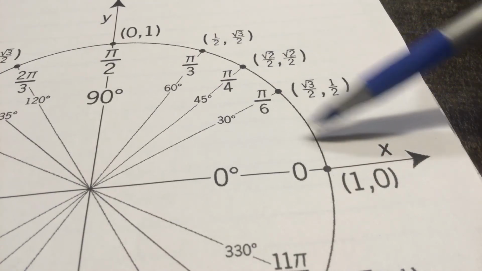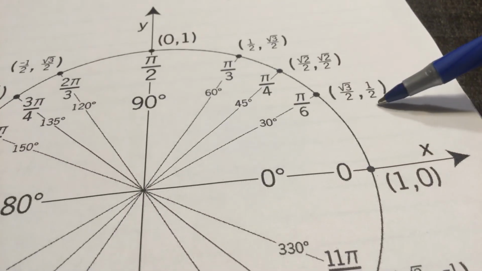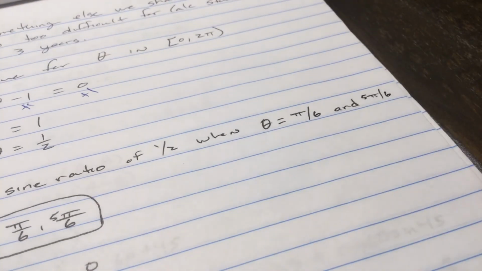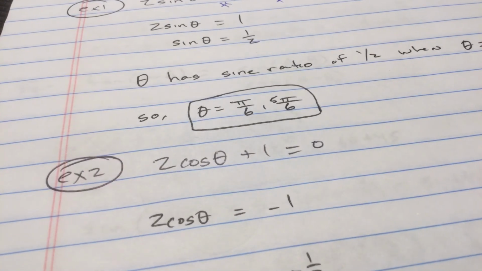Or especially with right triangle geometry, when you did SOHCAHTOA, it was between 0 and 90. So, yep, 30 degrees or pi 6, but also over here, 5 pi 6. So that's why we say when theta is pi 6 and 5 pi 6, we have a sine ratio of 1/2. So your answer is theta is pi 6 or 5 pi 6.